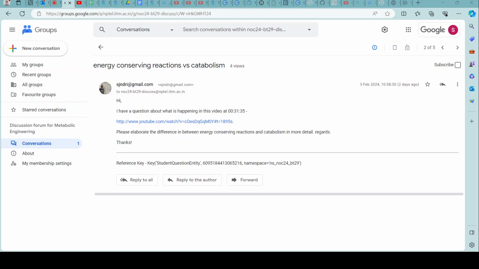Because of these two separate entities, we don't always categorize catabolism as energy conserving. There are other reactions in the electrochemical gradients that contribute to energy conservation. Was it clear, Surender?